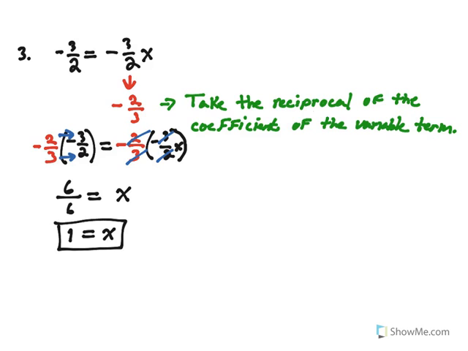Okay, if you have this one, how do you solve that? Well, look at the term with the variable. It's on the left side, 5v over 13.